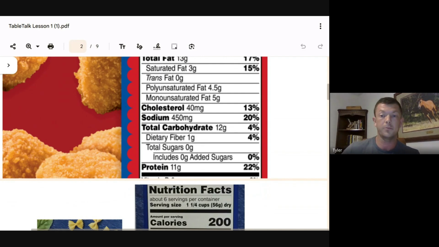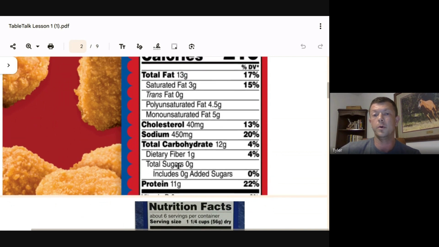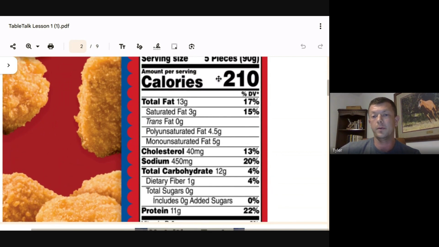It is not scientifically based or anything, but it is a very good rule of thumb. We're going to add a 0 to our protein number. So that would make this 11, we would add a 0, that would be 110. That 110 should be pretty close to our total calories.